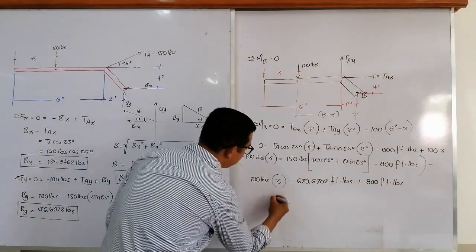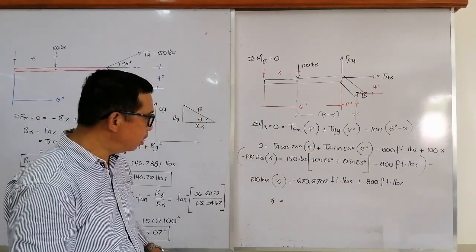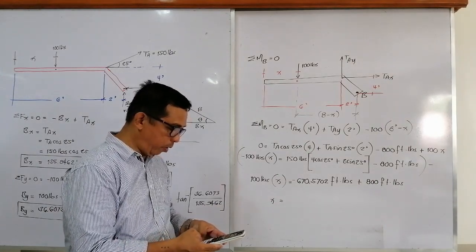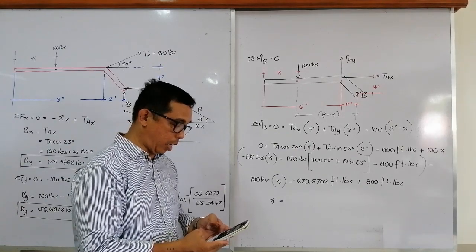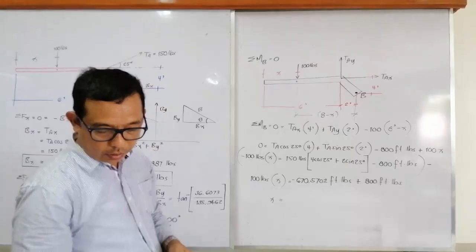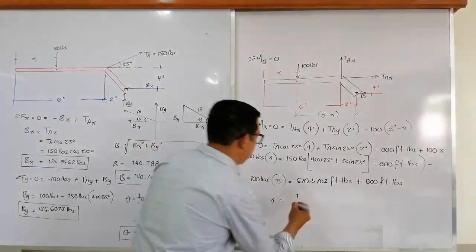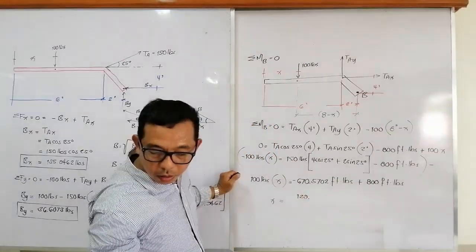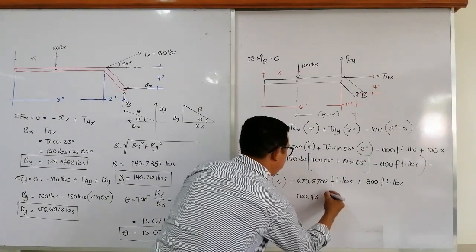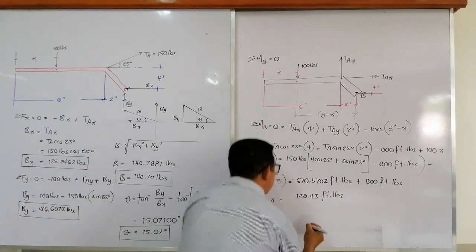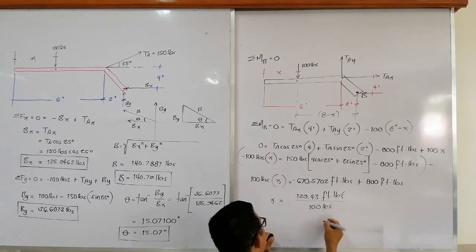So x is equal to the difference of this, minus 800: 129.4298, or 129.43 foot-pounds, then dividing both sides by 100 pounds, cancelling.